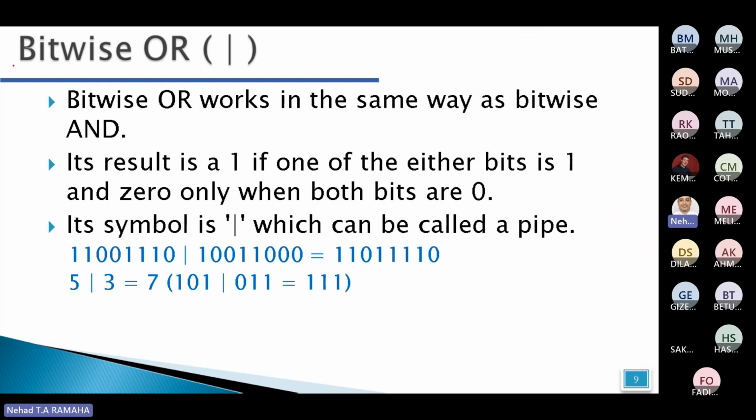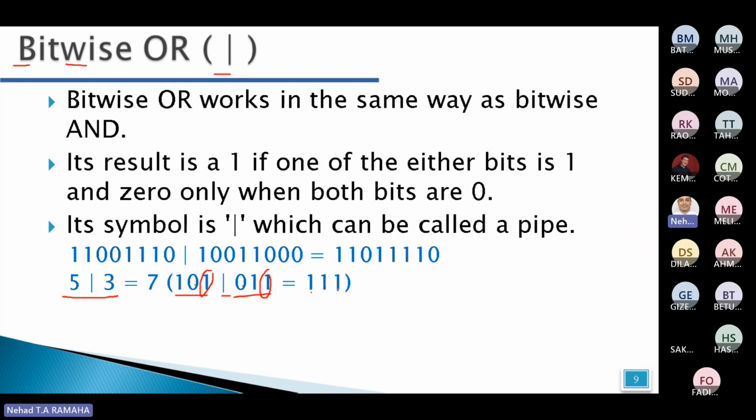What about bitwise OR? Same idea. If we have 5 or 3, this 5, this 3, and this OR, we take digit by digit. If any side is 1, the result is 1. If both sides are 0, the result is 0. So 1 or 1 is 1. 0 or 1 is 1. 1 or 0 is also 1.